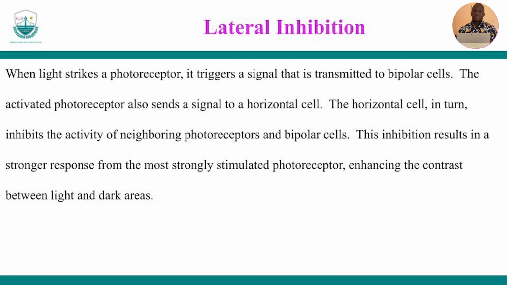But one of the things that happens is that when you excite a photoreceptor, the neighboring photoreceptors are inhibited so that they cannot fire electrical signals. So they are inhibited from working, and that improves the image that will be formed by this excited photoreceptor as the information reaches the brain.